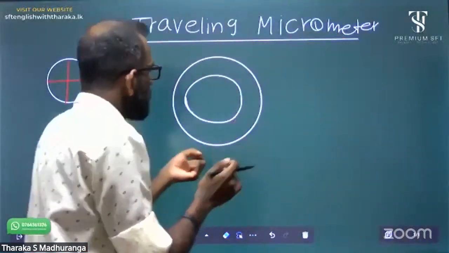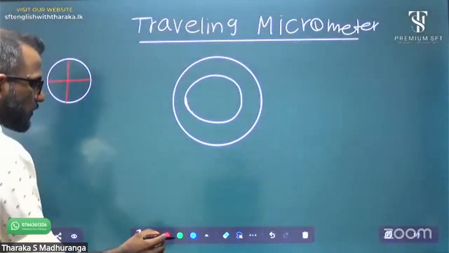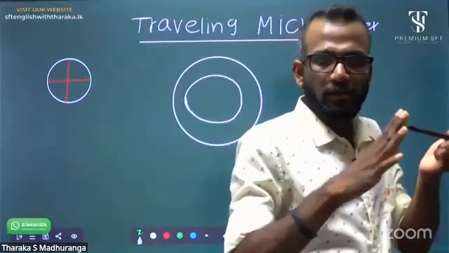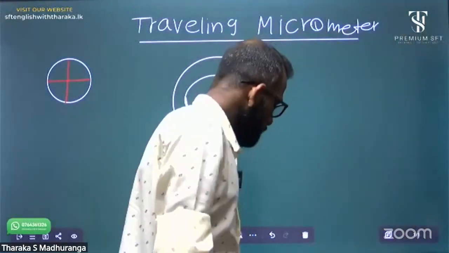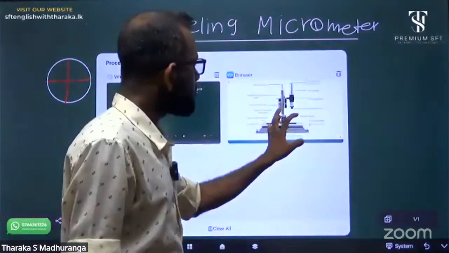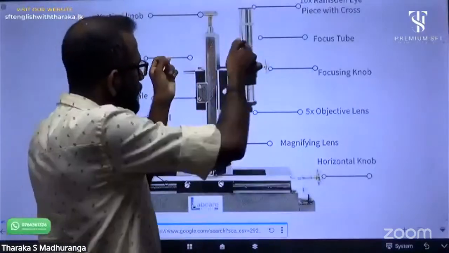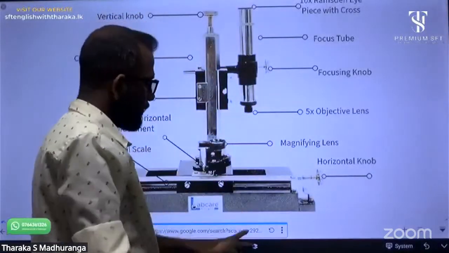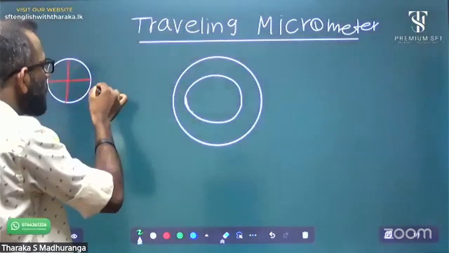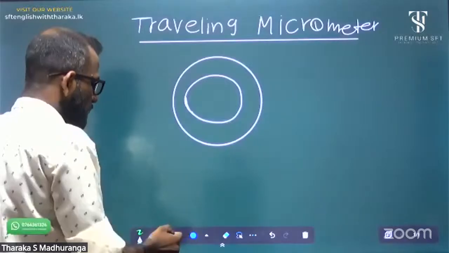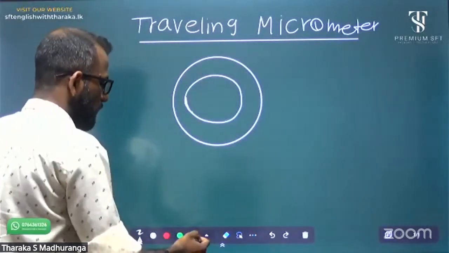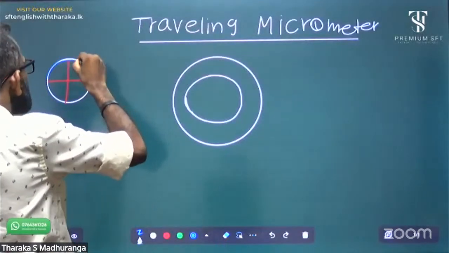Okay, now using the vertical and horizontal adjustable knobs, we can take this microscope cross line like this. Look carefully. Think this is a microscope.